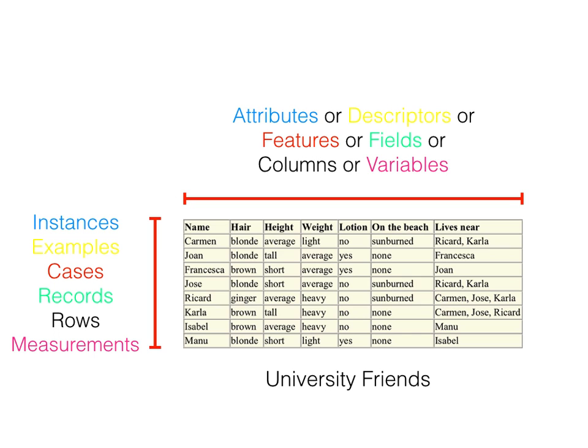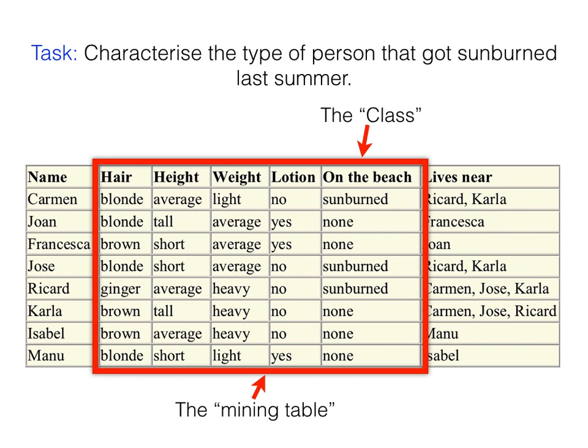So let's just look at a couple of examples. Here we've got the data set. We're only going to look at the part of the data set that's inside that red rectangle. We don't want to know about the name or the lives near. So the data mining task might be, can we characterize the type of person that got sunburned last summer?